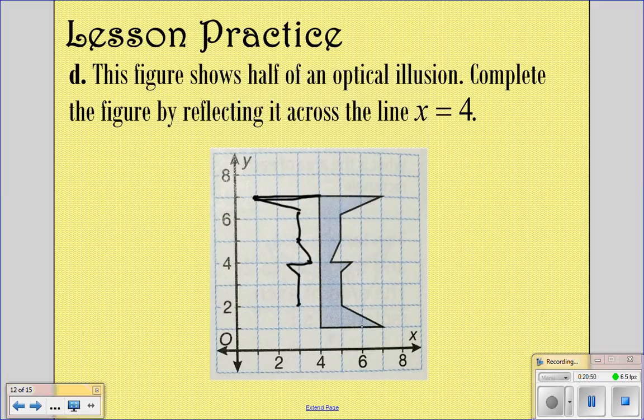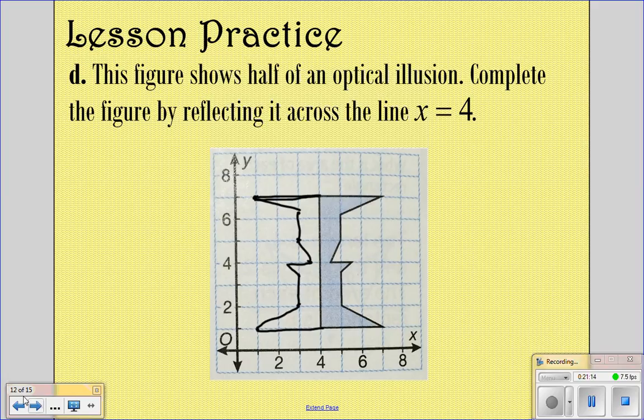And then we go out to 1, 2, 3. So 1, 2, 3. And so there, if you look, it should look symmetric about that line x equals 4. So that would be your figure.